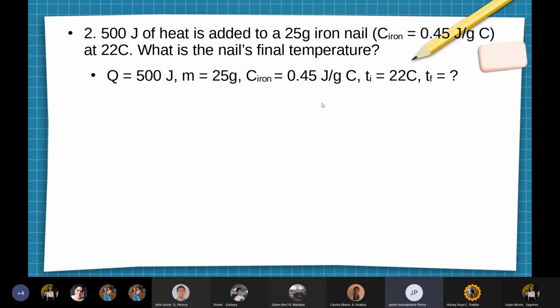Mass is 25 grams. The specific heat capacity of iron is 0.45 joules per gram Celsius. And our initial temperature is 22 degrees.